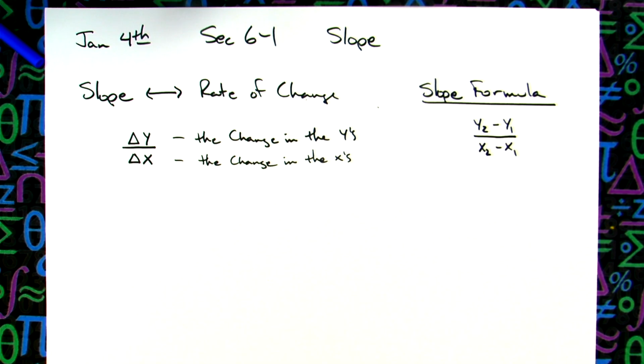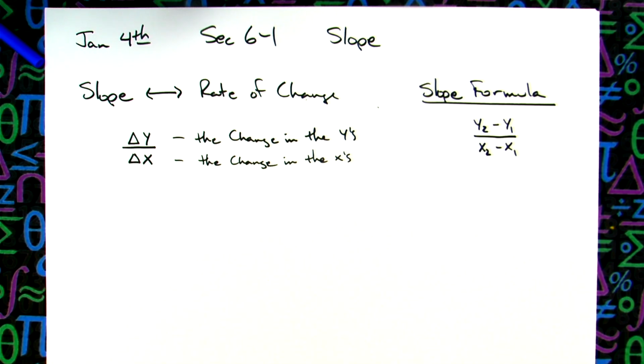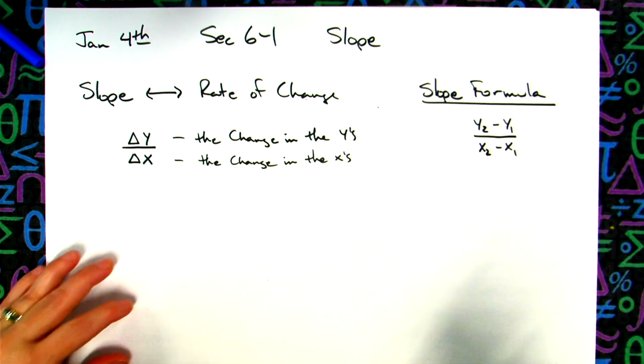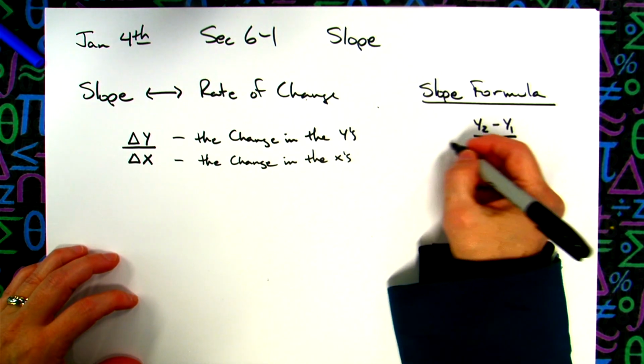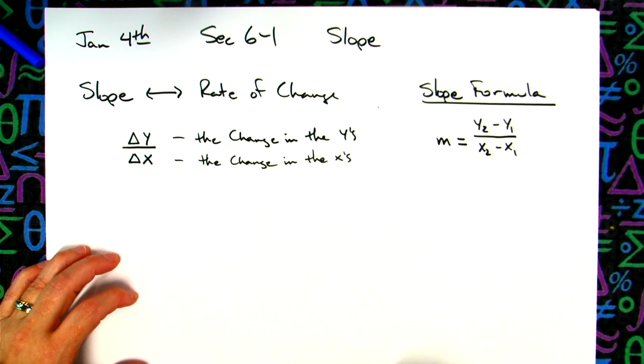Now the part that I don't like when people just give you that is, yes, that is enough to calculate slope. But if I ask a more complicated question and I don't just say, find the slope, you need more of the formula. You need the part that says m equals y sub 2 minus y sub 1 over x sub 2 minus x sub 1.